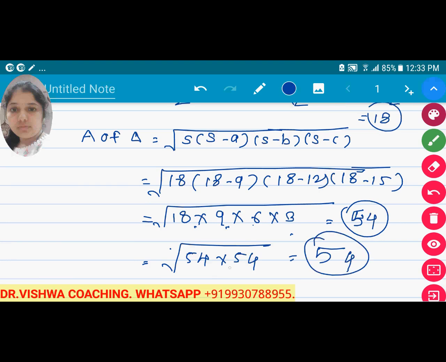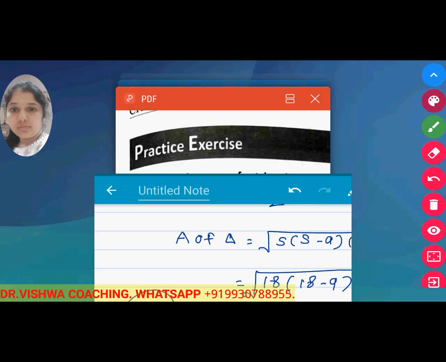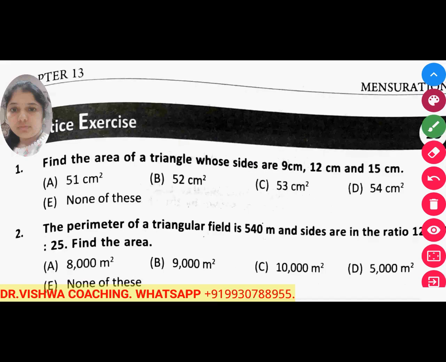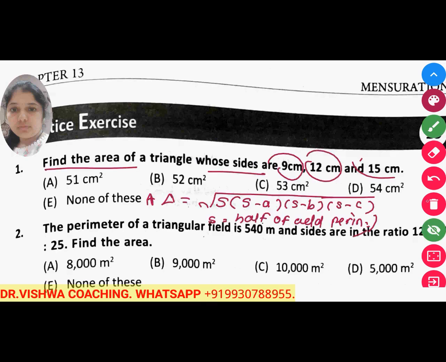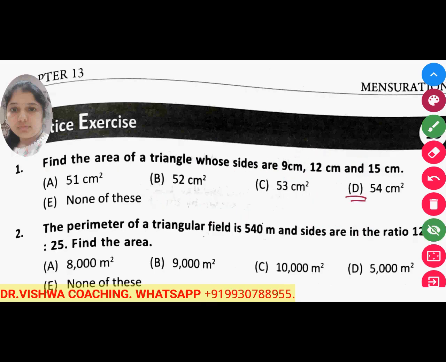If you multiply 54 with 54 and then find the root, the value is the same, because square means multiplication of the same number, known as the square of that number. So here 54 is multiplied with 54, so the square root is 54 only. So your value is 54 centimeter square, which is the area of the triangle. So the answer is option B, sorry, D.